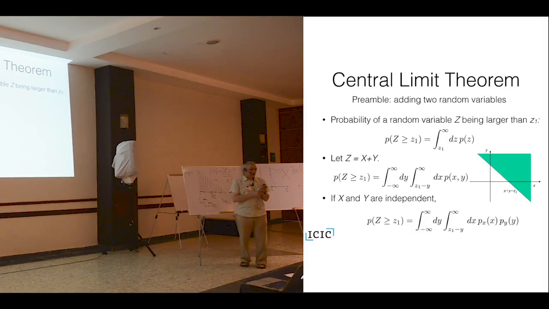So, as I'm sure you know, the central limit theorem says that if you take the average of a lot of identically distributed random variables, then in the limit of large numbers, subject to some relatively mild conditions, the average will tend to a Gaussian distribution with a variance which decreases as the number of samples increases.